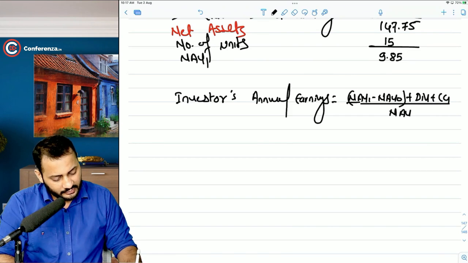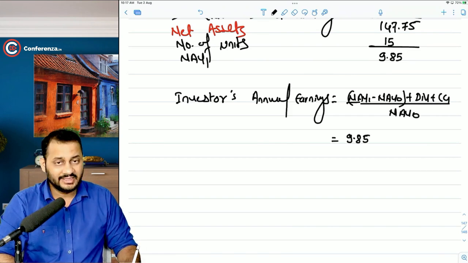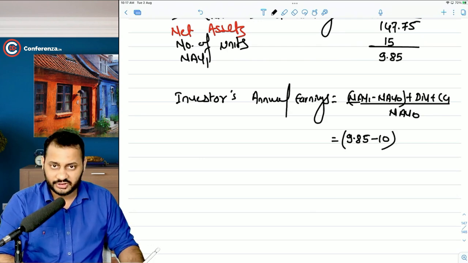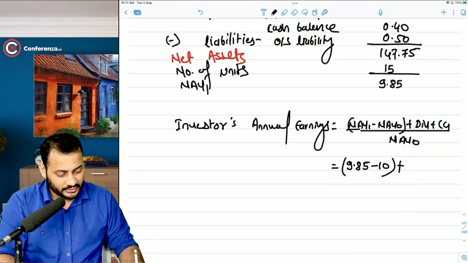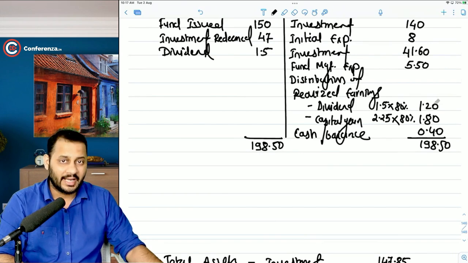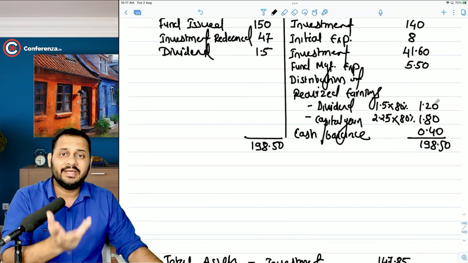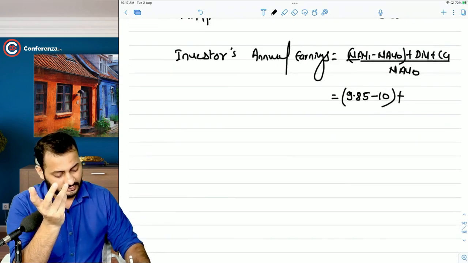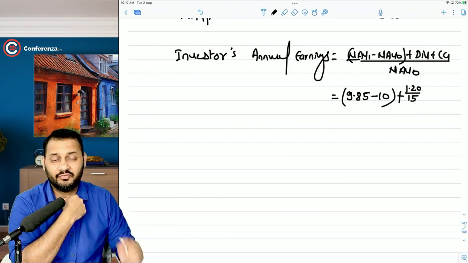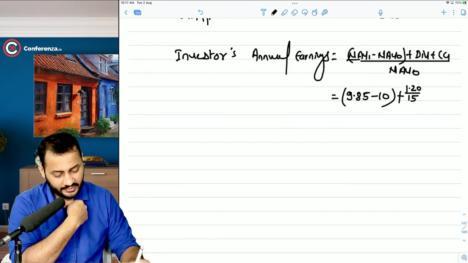Divided by the starting NAV. Now NAV at closing when he sold his 1000 units is 9.85. At the beginning when he invested it was 10 rupees. Now please focus. The mutual fund has distributed dividend of 1.20 lakhs. Do you agree? In how many units? 1.20 lakhs was distributed in 15 lakh units, right?